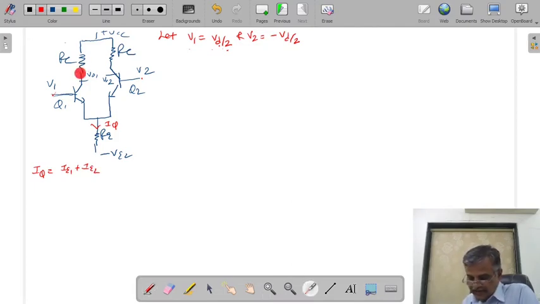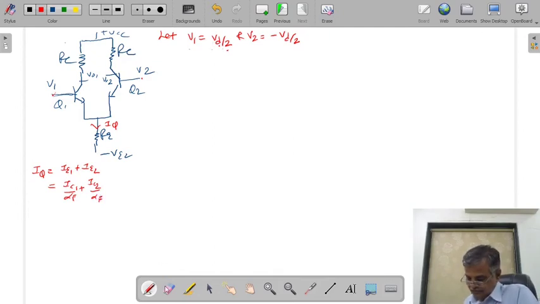This is your IE1, this is your IE2. So IQ is this current plus this current, or I can write IC1 by alpha plus IC2 by alpha.